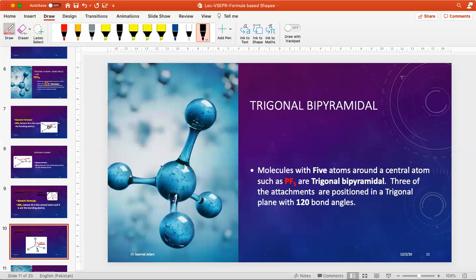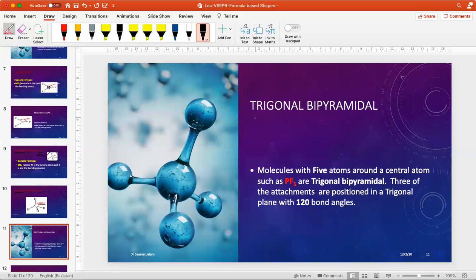Then we move to the fourth shape, known as trigonal bipyramidal. For example, by looking at PF5, we can make the formula MX5. It means that the center atom is this M, and there are 5 attachments linked to this center.